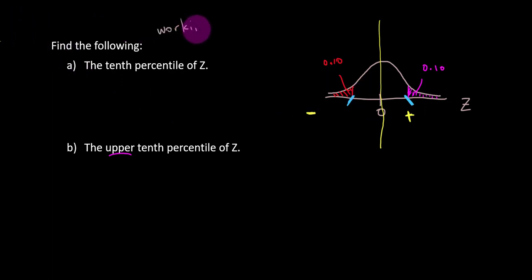Because we were given the area using the verbiage of percentile, and we're finding the tick mark. So just like a couple minutes ago, we're going to go to the body of the table and look up 0.10. Looking at 0.10 is going to be easier because that is in the left tail already, just like the way the table is set up.